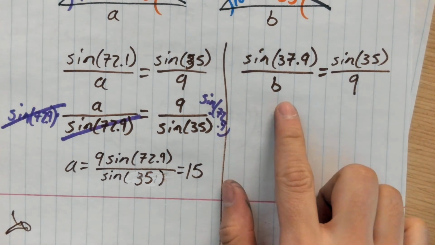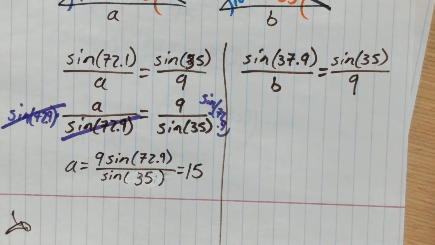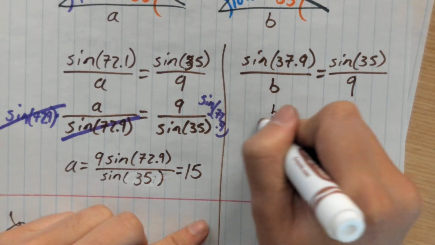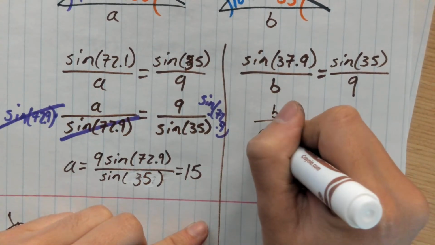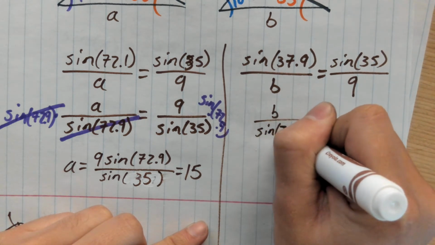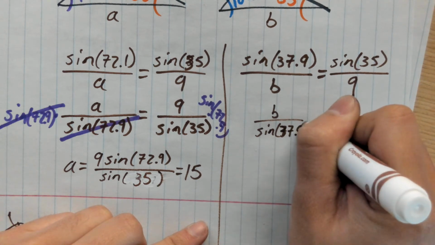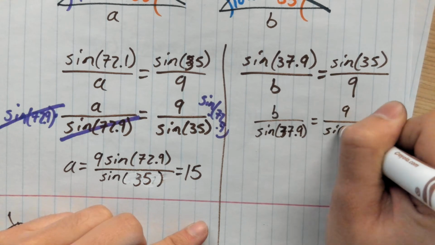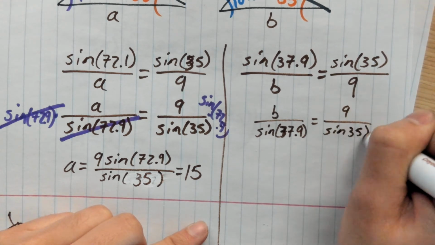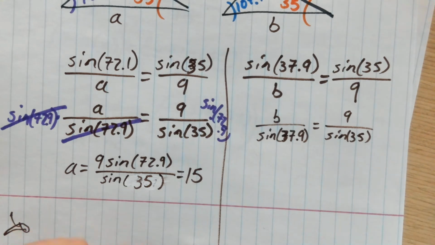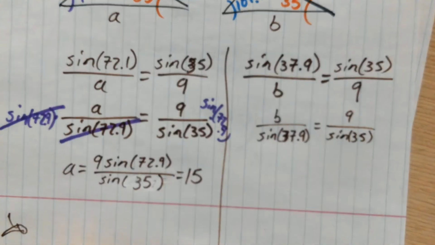And then for B, same. I don't want B on the bottom, so I have to flip both sides to put B on top. It's the same process again. So B over sine of 37.9 equals 9 over sine of 35. Multiply sine of 37.9 on both sides.